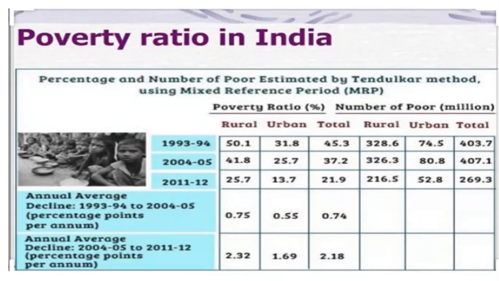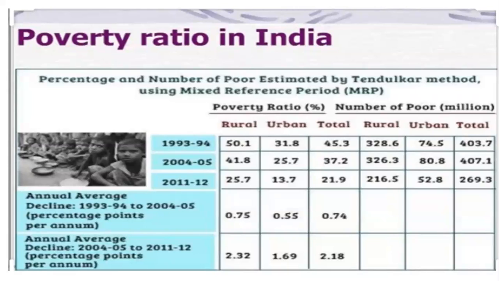In 1993-94 the rural poverty was 50.1 percent, it decreased to 41.8 in 2004-05 and then to 25.7 in 2011-12. So it is declining, but it is taking time.